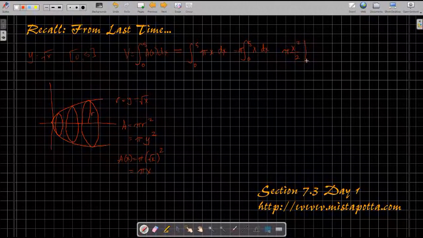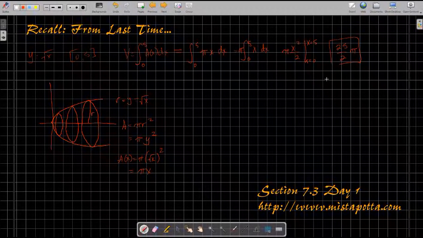And I'm going to be evaluating that from x equals 0 to x equals 5. So again, substituting, I'm going to end up with 25 halves pi. And so this ends up being my volume of rotation.